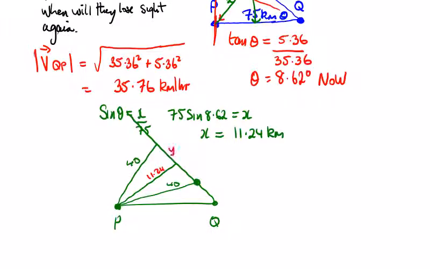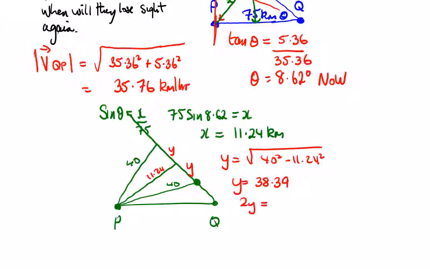So I can get my, I'll call it Y and Y here. So we're looking for one of the straight sides. So y is equal to the square root of 40 squared minus 11.24 squared. Y is equal to 38.39. So 2y is double that, 76.78 kilometers. That's when they're in range.